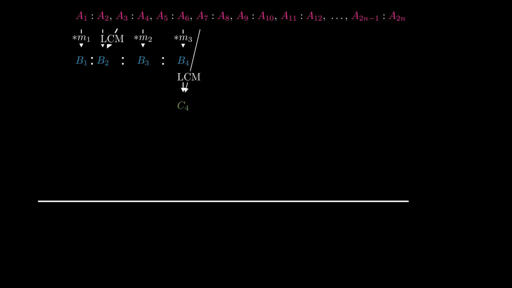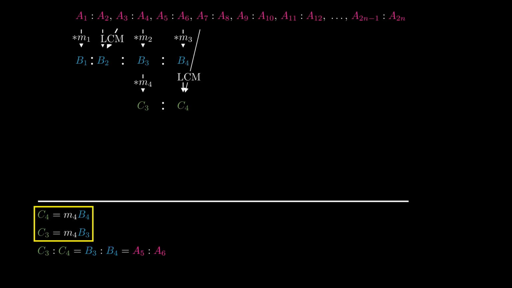Then let c4 be the least common multiple of b4 and a7. Then write c4 as m4 b4. We need c3 to c4 to be proportional to a3 to a4, so let c3 equal m4 b3. Then c3 to c4 is proportional to b3 to b4, which is proportional to a3 to a4.